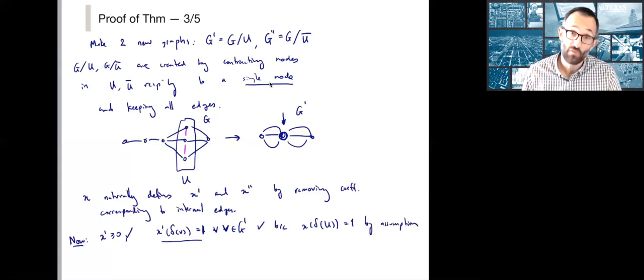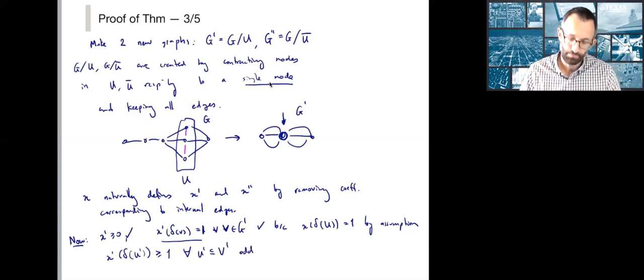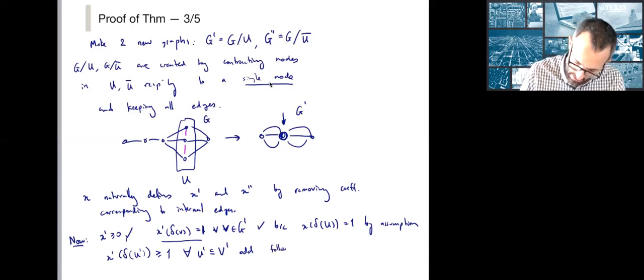In other words, by how we found U. And then all of the other constraints, X dash of delta of U dash greater than or equal to 1 for any U dash subset of V dash of odd cardinality, this is inherited essentially. So check.